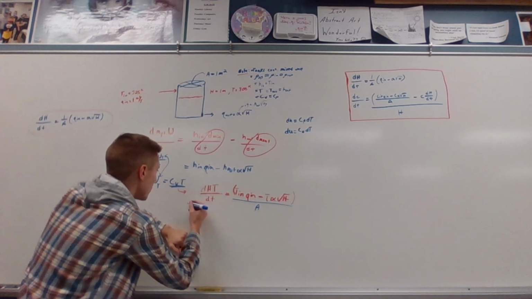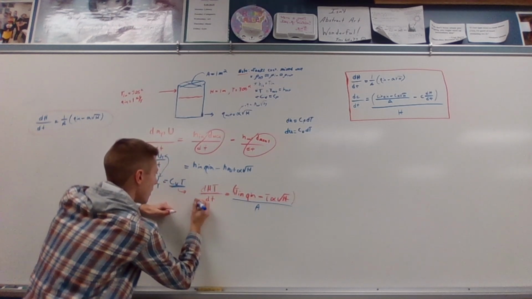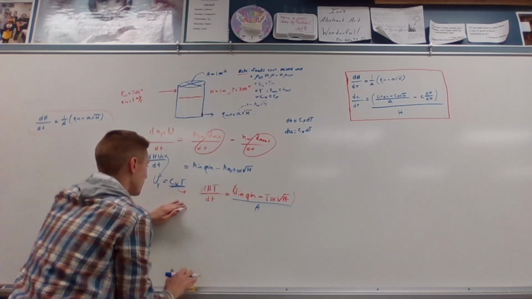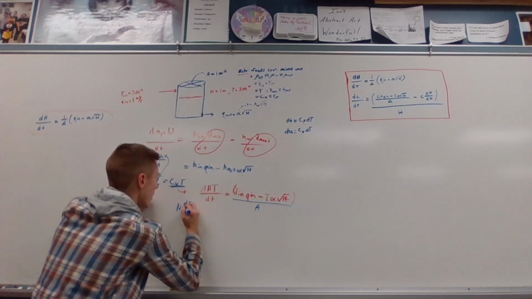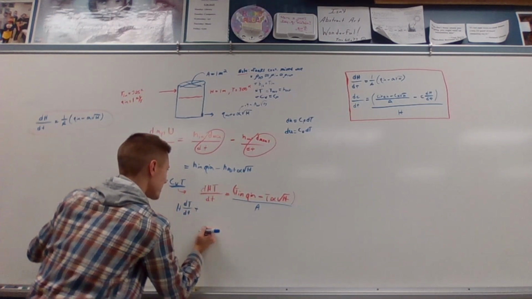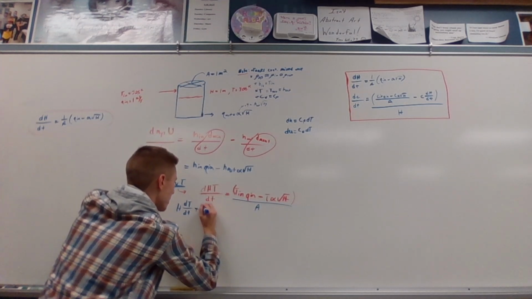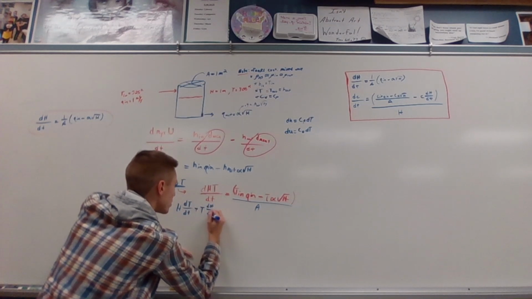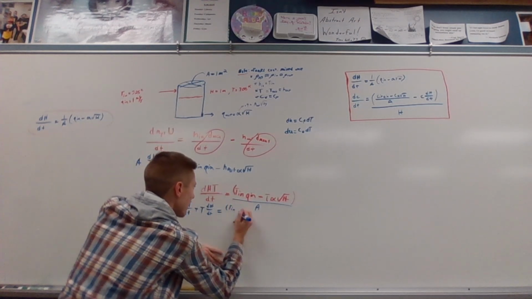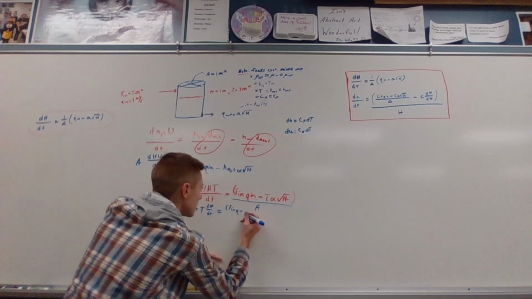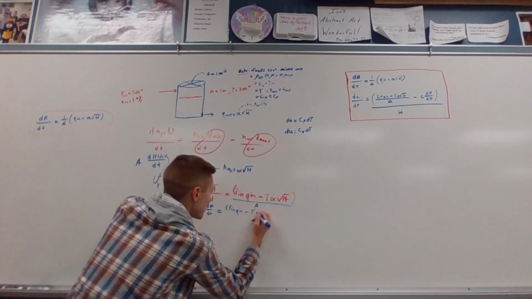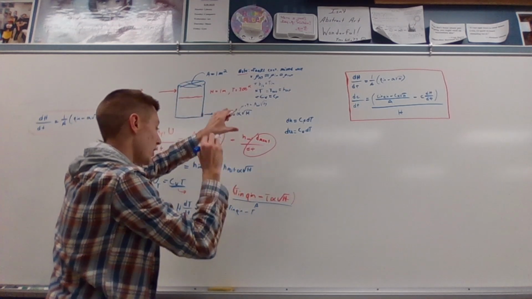So with chain rule, we can say that this changes into our height times a small change in our temperature divided by a small change in our time, plus our temperature times a small change in height divided by a small change in time is equal to our temperature coming in times our flow rate coming in, minus our temperature, which is the same on the inside of the tank and on the outside of the tank.